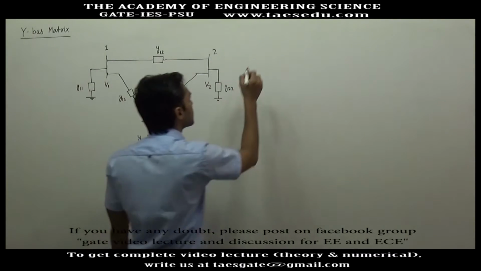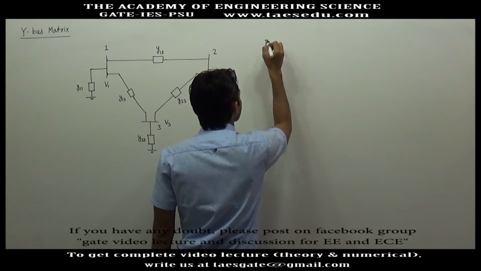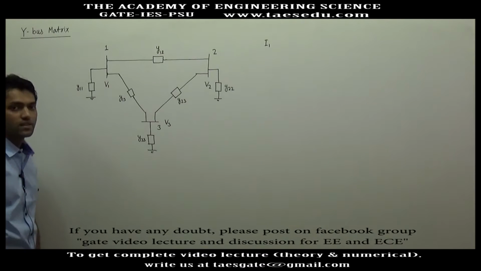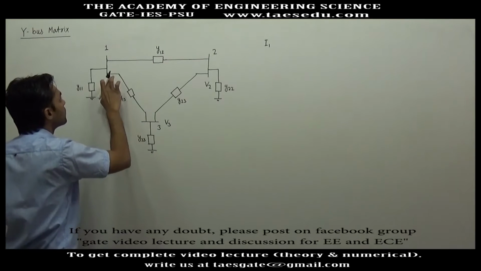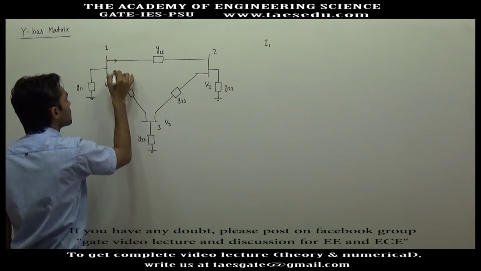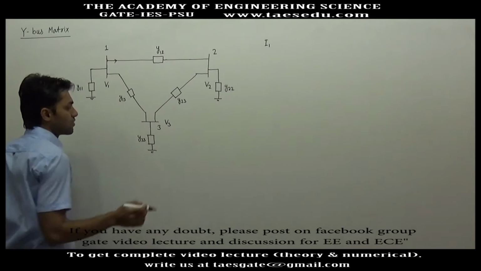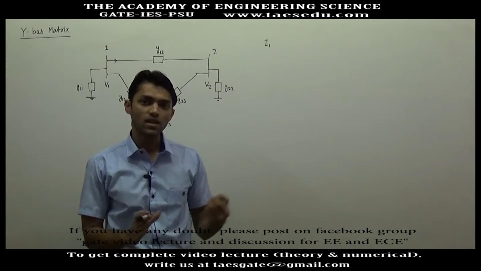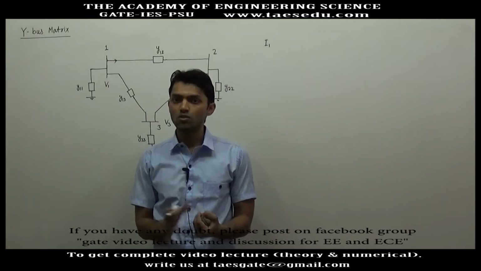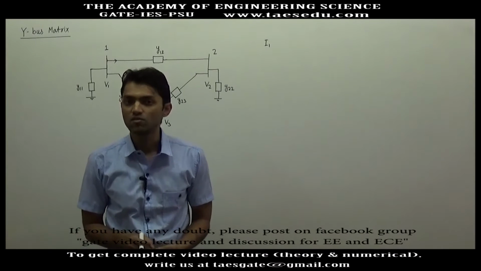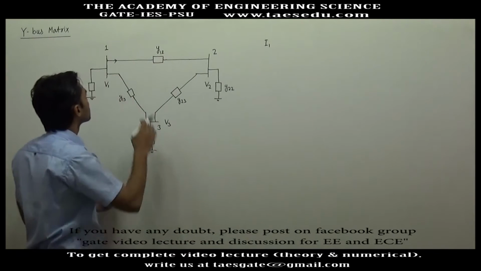Now let us define the current of each bus. What will be I1? It is the total current that is flowing through the bus. What is the total current of a bus? It is the total incoming current or the total outgoing current. So we will take a reference showing that the current is going away from the bus.